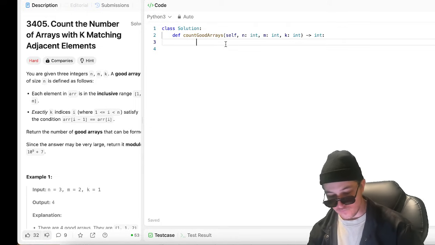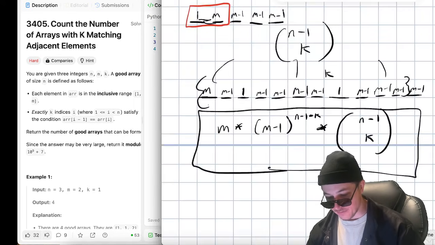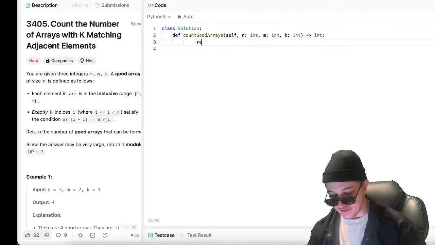Okay, so where am I at here? Literally we're just going to copy this formula verbatim. So our answer is return. With such little programming, let's at least keep our indentation. We have m times m minus 1 to the power of, how many times can that happen?